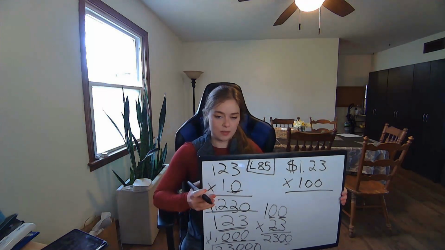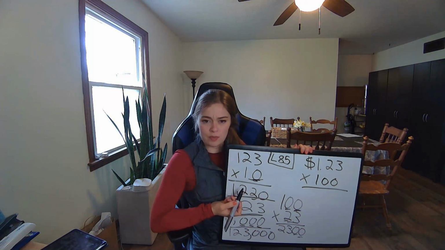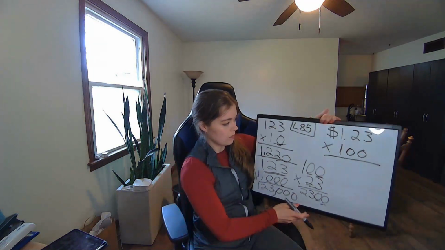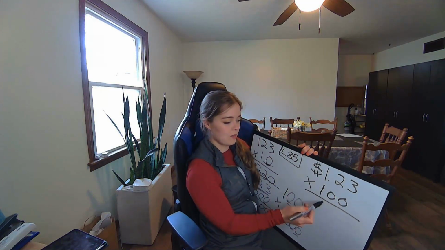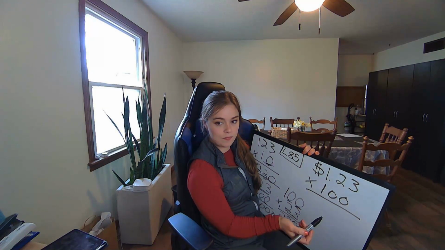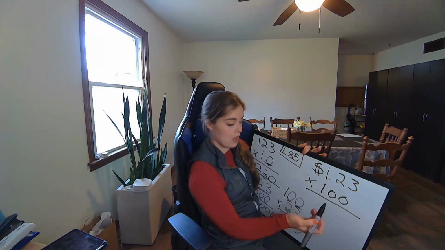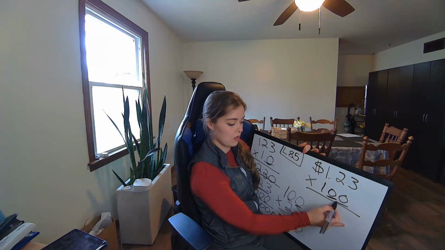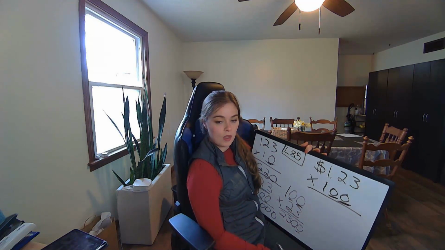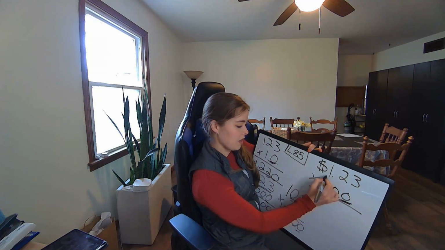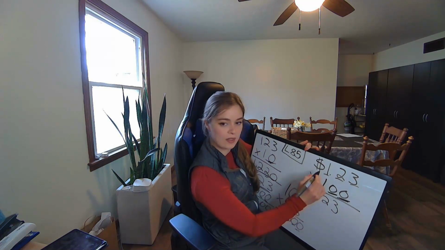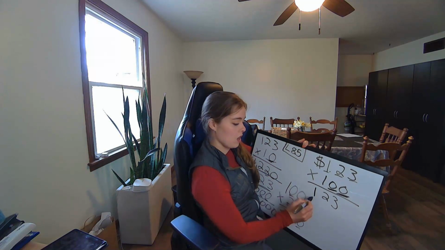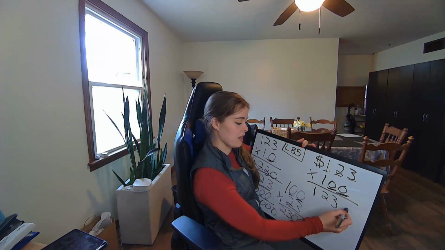So, there it is. What does it look like when we do it with money? Let's check that out. So, we have $1.23 times 100, right? So, how many zeros do we have in 100? Well, there's 2, right? So, if we write this out, we have $1.23. We're not going to place the decimal point yet. We're just going to write the numbers. So we have 123, and then we add 2 zeros on.